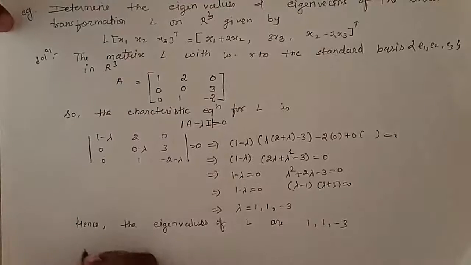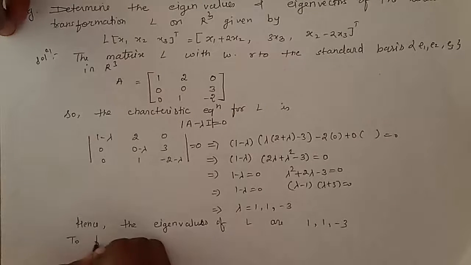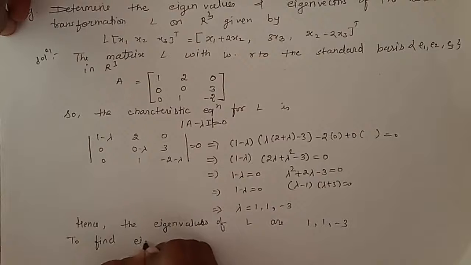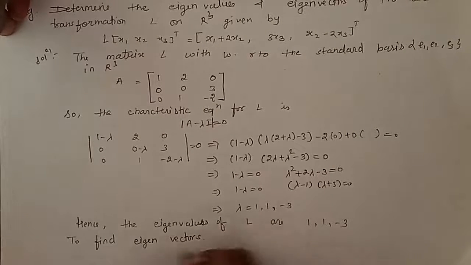So to find the eigenvector, first of all we will calculate this for lambda is equal to 1. Then (A minus lambda I) u is equal to 0.